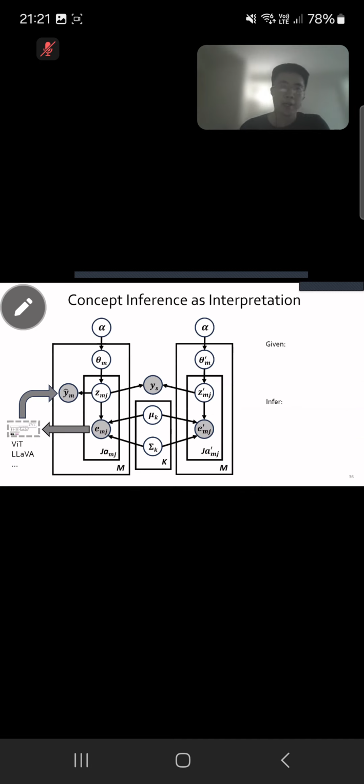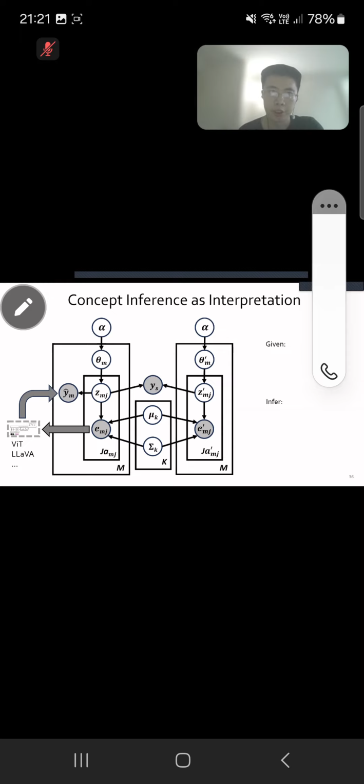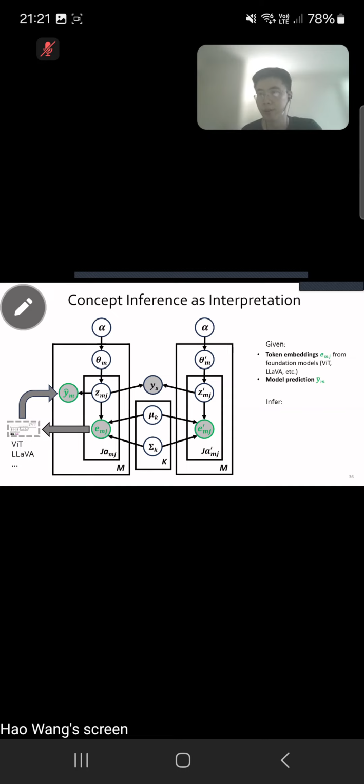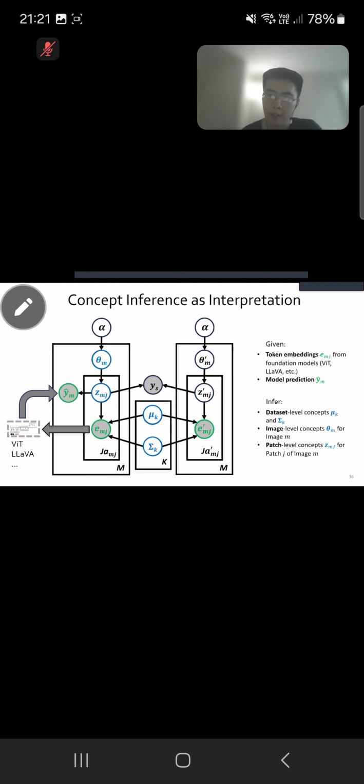And note that in our framework and in this Bayesian deep learning explainer, the process of concept inference is actually the process of interpretation. So given these observed token embeddings from population models and model predictions, we're going to infer the dataset-level concepts, image-level concepts, and patch-level concepts, and we're going to use them as explanations or interpretations.